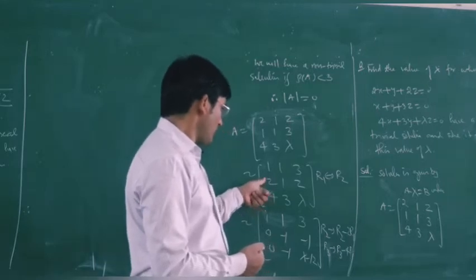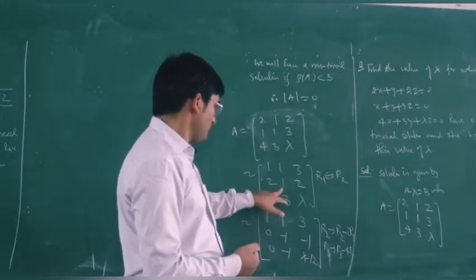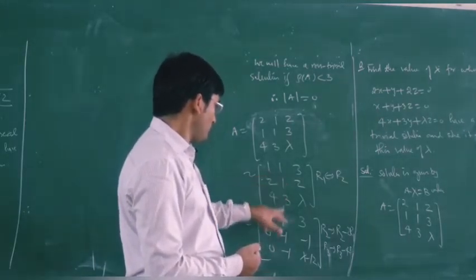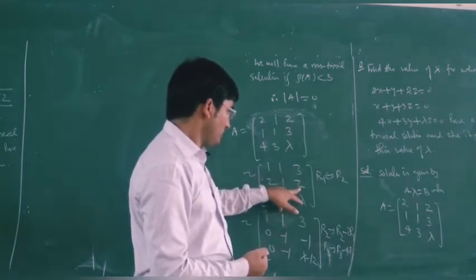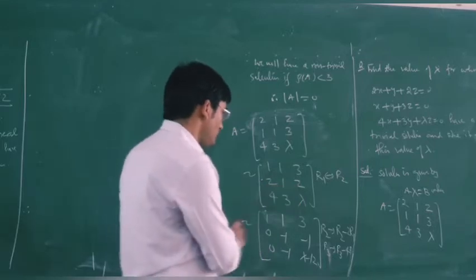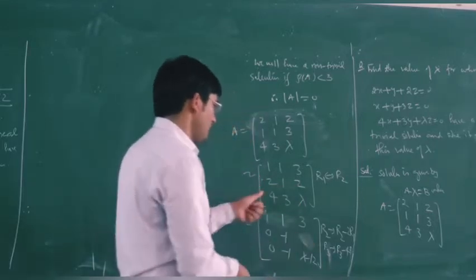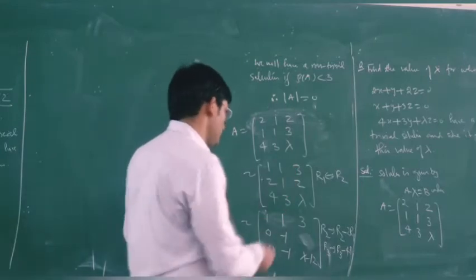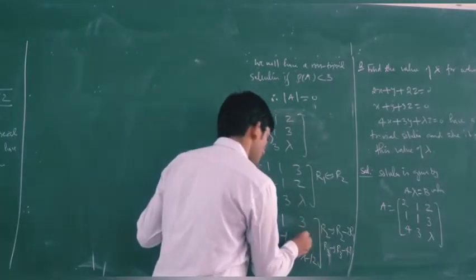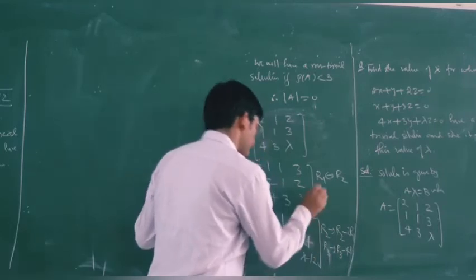So R2 minus 2 times R1 implies 0, this minus 2 times this will be minus 1, then 2 minus, okay, here we have a mistake. So this 2 minus 2 times 3, which is 6, so we have 2 minus 6. So this will be minus 4.